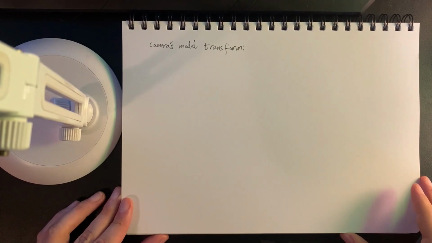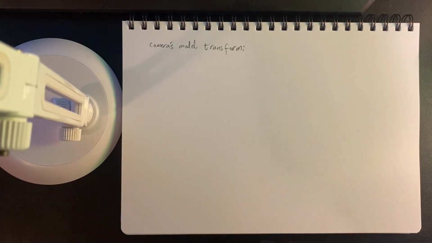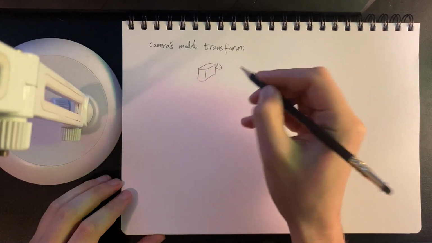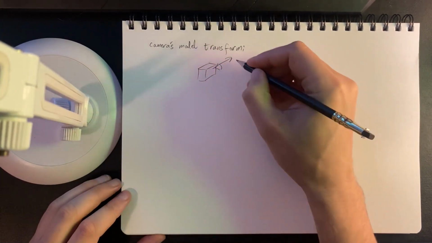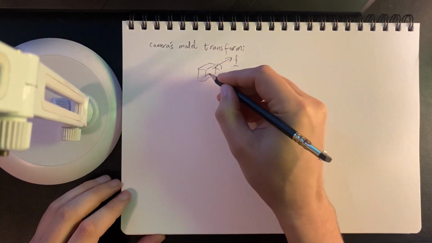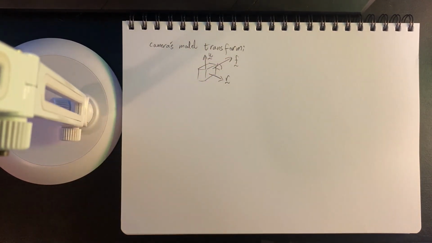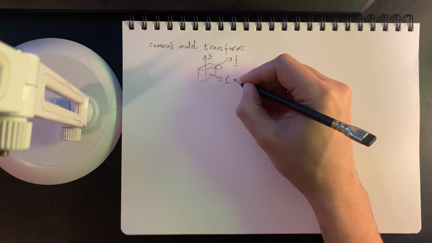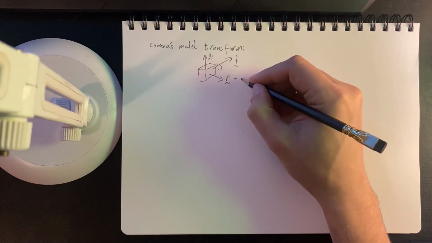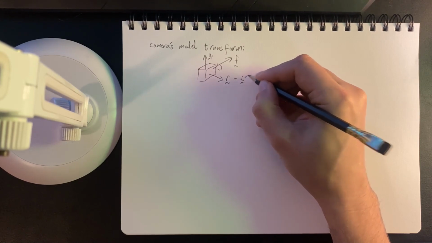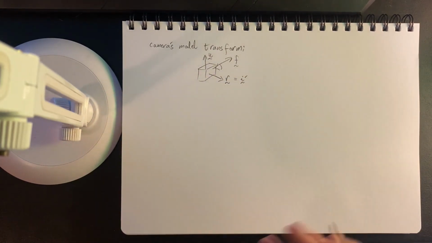Well, the camera is a geometric matrix. It has a rotation component and a translation component. Here's our camera. It has a bunch of vectors: a forwards vector, a right vector, and an up vector. Now, the right vector we can think of as what happens to the x-axis, so that's our i dash, our image of the x-axis.